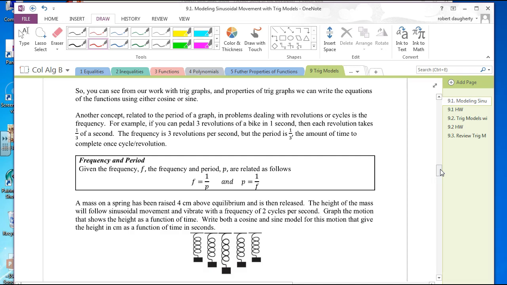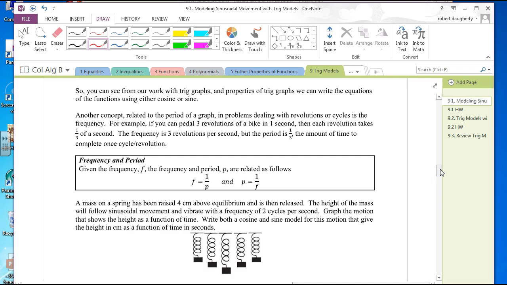Okay, so if the frequency is 3 revolutions per second, then the period is going to be 1/3, because if I do 3 revolutions of that bike in 1 second, that means in 1/3 I've done 1 revolution, so it repeats after 1/3. So if I give you the frequency of something, then the period is just 1 over the frequency.